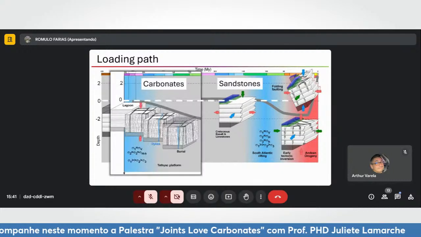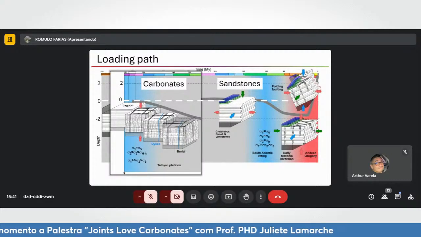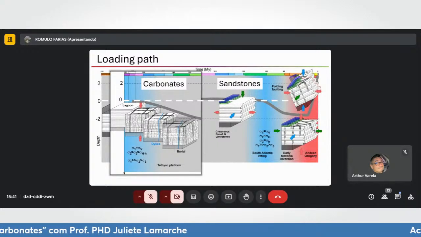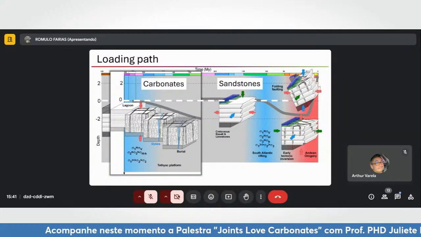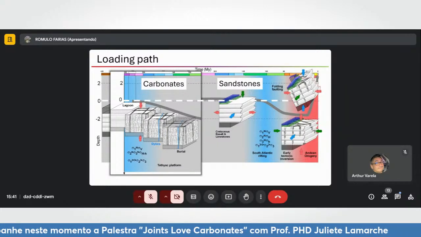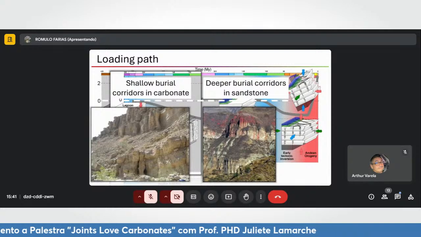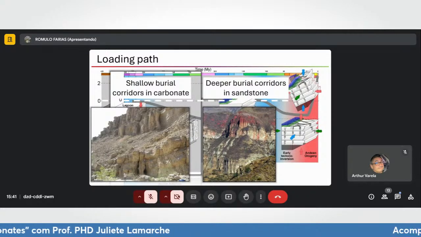So this makes a big difference with the carbonates, because these are corridors in Provence, and in the carbonates, the corridors form immediately at low depths, and they are perpendicular with a vertical sigma 1. So the geodynamic conditions are different, but the morphologies are the same. This is a corridor in carbonates of the Middle East, in Oman.